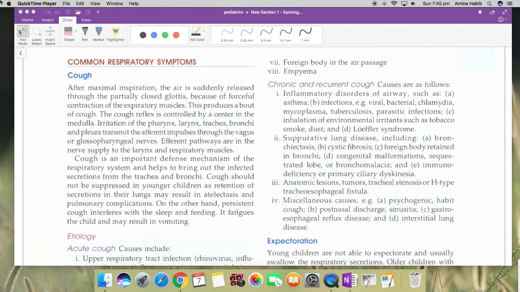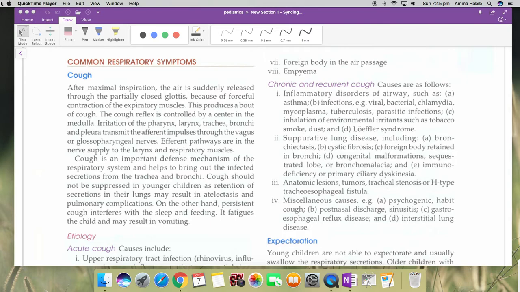You have to remember what are the conditions in which you will get dry cough, what are the diseases that will give rise to a productive cough, and so on. So the main thing here is to remember the stuff with some explanation. In some places logic fits, but in other places you have to memorize a lot of things, right? So we'll try our best to cover the maximum in the least time possible.